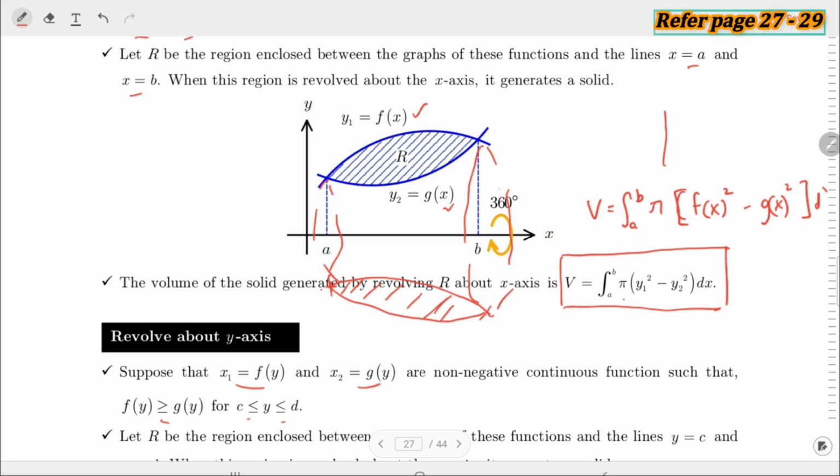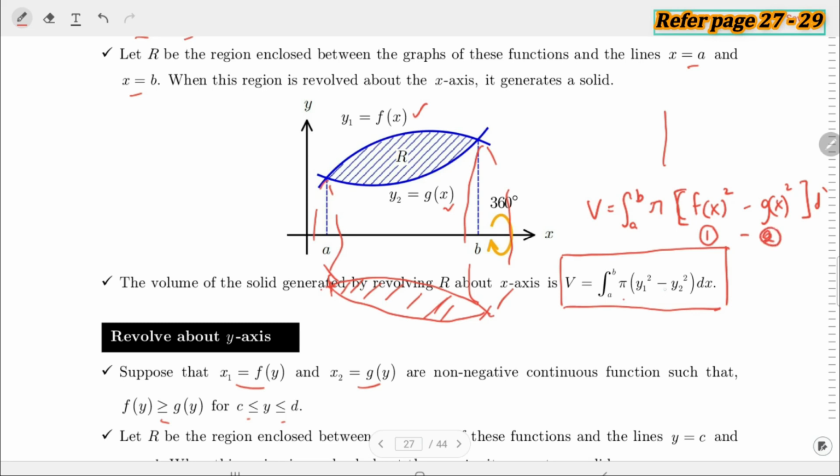For this example, rotation about the x-axis, the curve most far from the x-axis is f(x), so that's why we must put f(x) in the front, minus the curve which is nearer to the x-axis, g(x), so minus g(x) here.